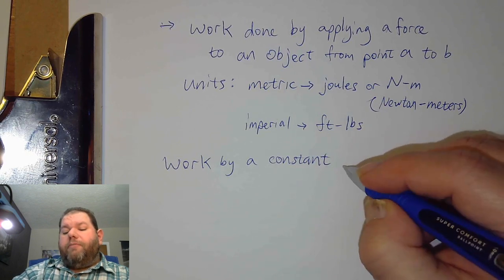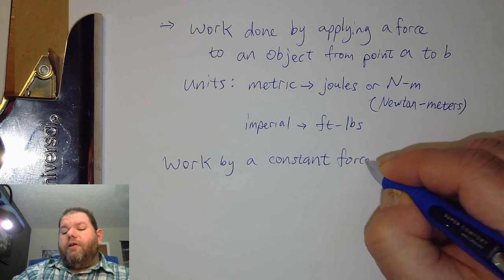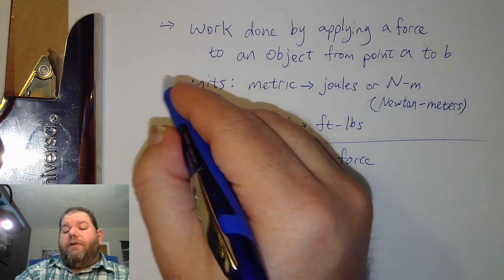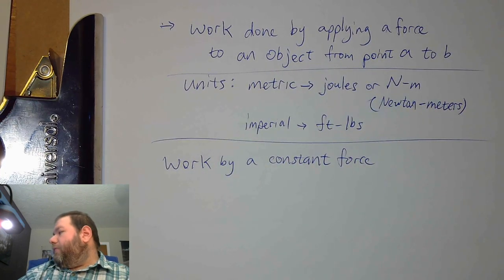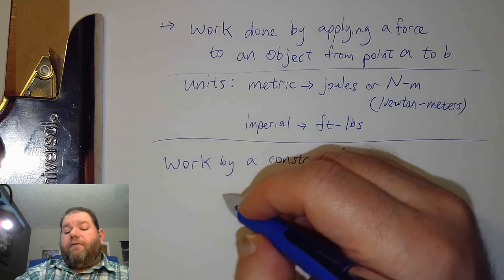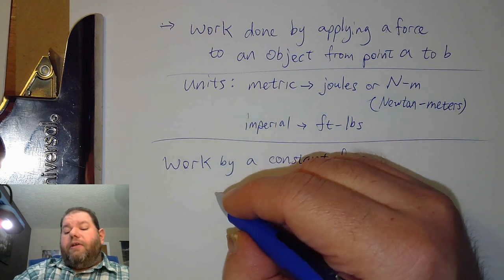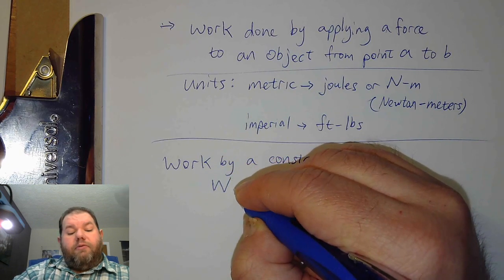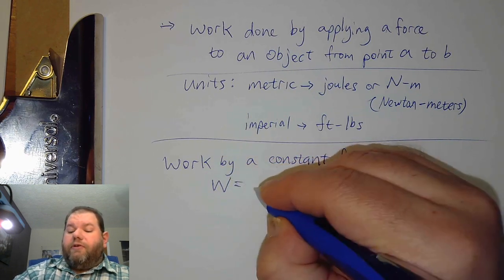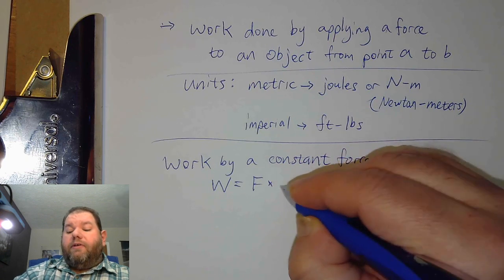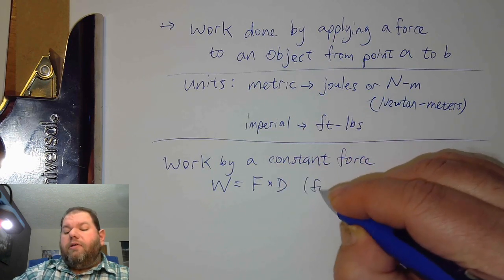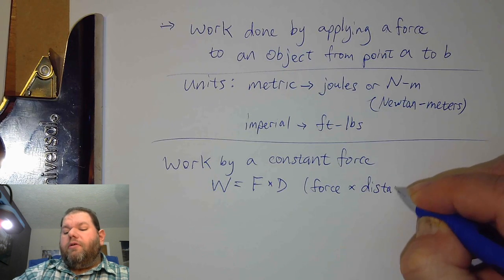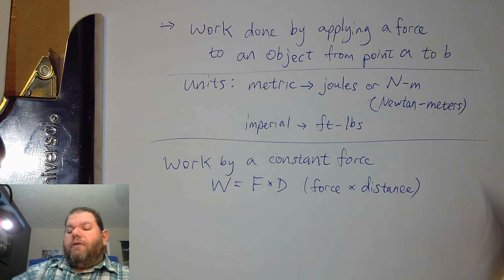If we look at work done by a constant force, which we're not particularly interested in here, work done by a constant force is typically written as, we'll use W for work, which is force times distance.